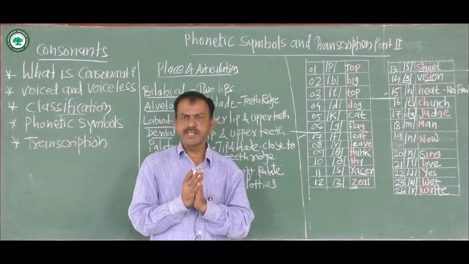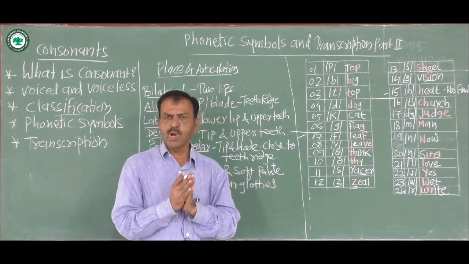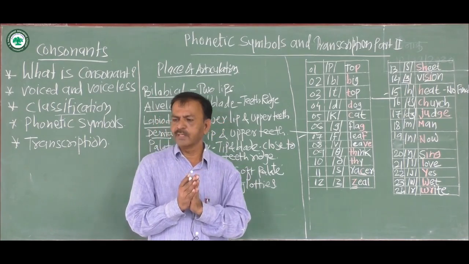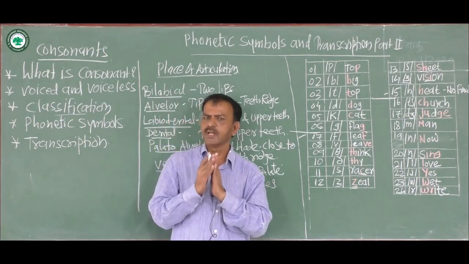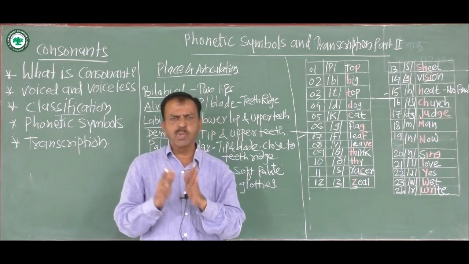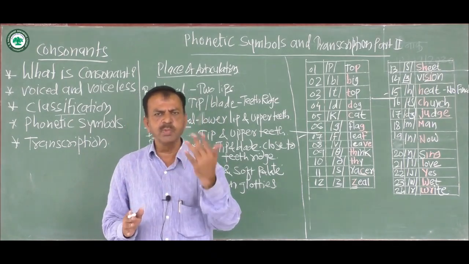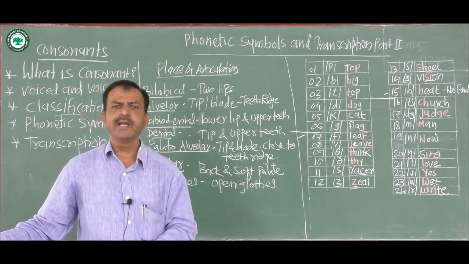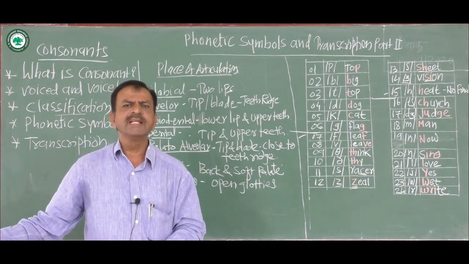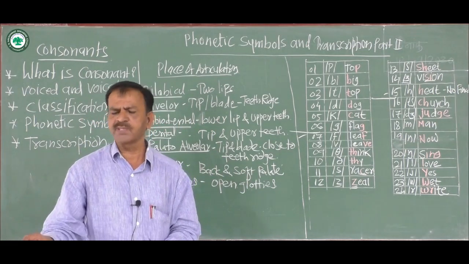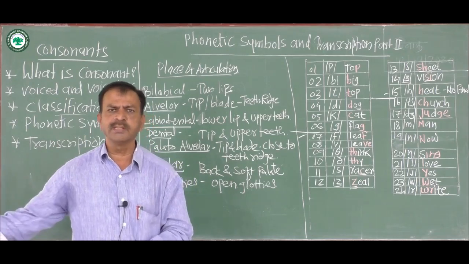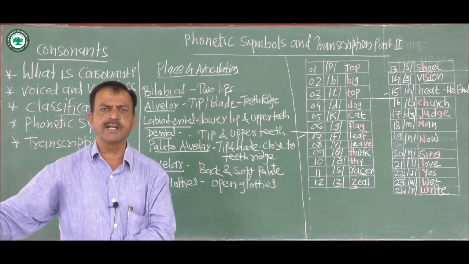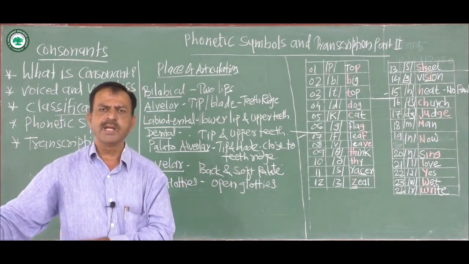J is known as the voiced palatoalveolar fricative, while h is known as voiceless glottal fricative. So don't bother about these new words, because you are going to study them in detail in F.Y.B.A. This is only an introduction of sounds in the first semester for F.Y.B.A. General English.